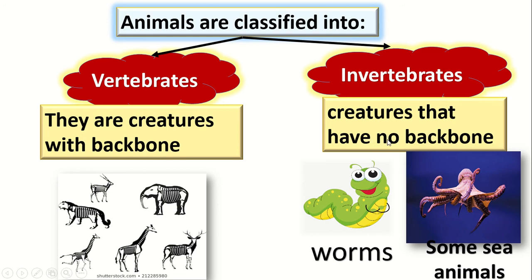They don't have any backbone inside their bodies, like worms and some sea animals like the octopus. So again, vertebrates with a backbone, invertebrates with no backbone.